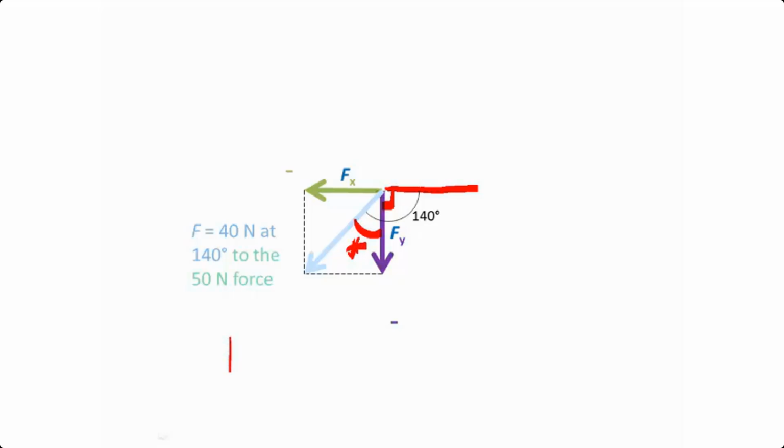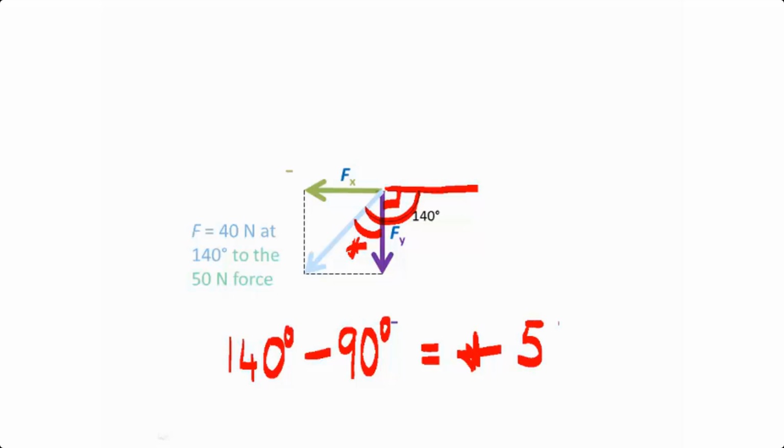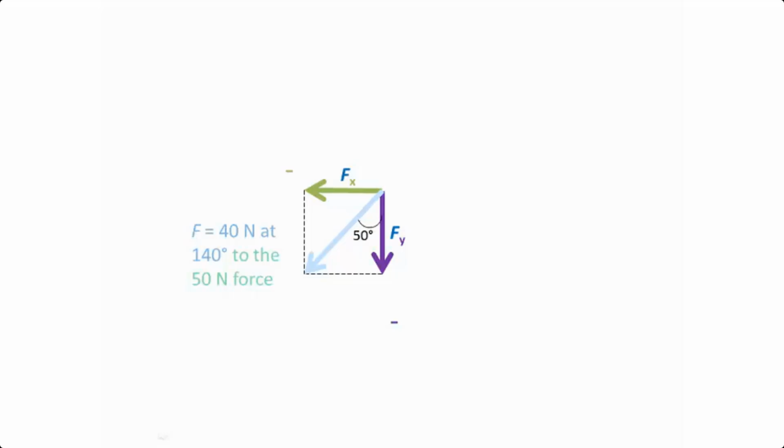It must be 140 degrees, which is the whole angle, minus 90 degrees, which is this right angle triangle, and that leaves behind the angle that is useful to us. 140 minus 90 is 50 degrees. So we know that F acts at 50 degrees to its y component.